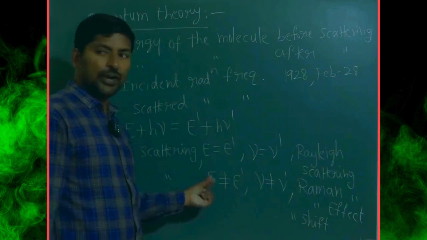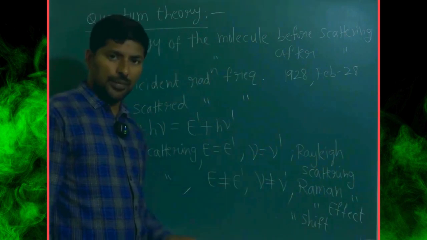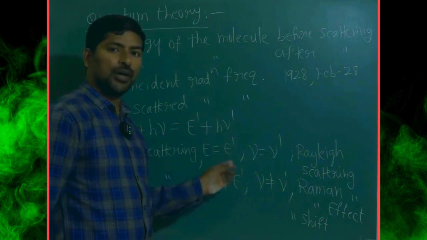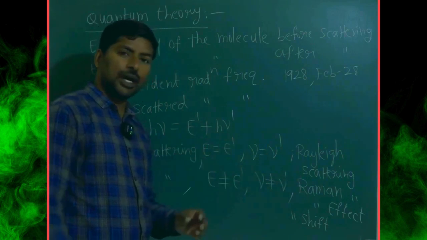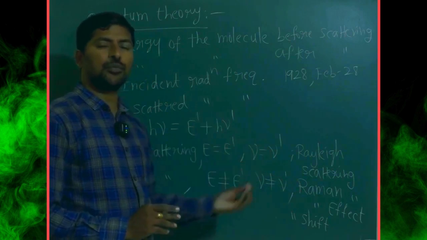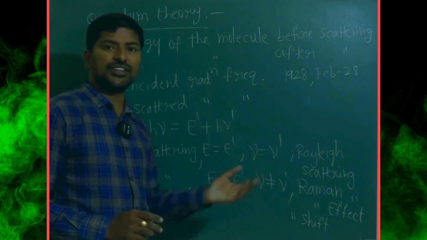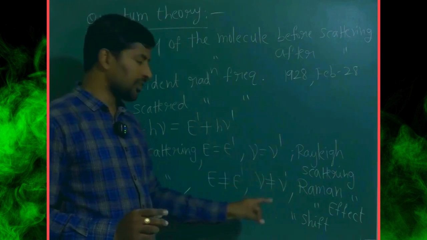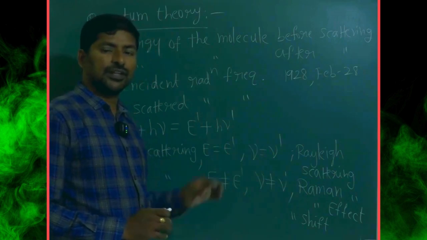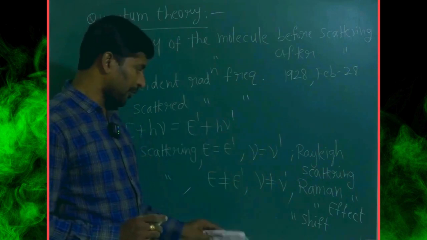But only some fraction of molecules undergo Raman scattering. A very small number of radiations undergo the Raman effect. That's why, to increase the probability, we use an intense laser beam. The laser beam intensity is high, so more photons are present. That's why we use an intense laser beam to record the Raman effect.